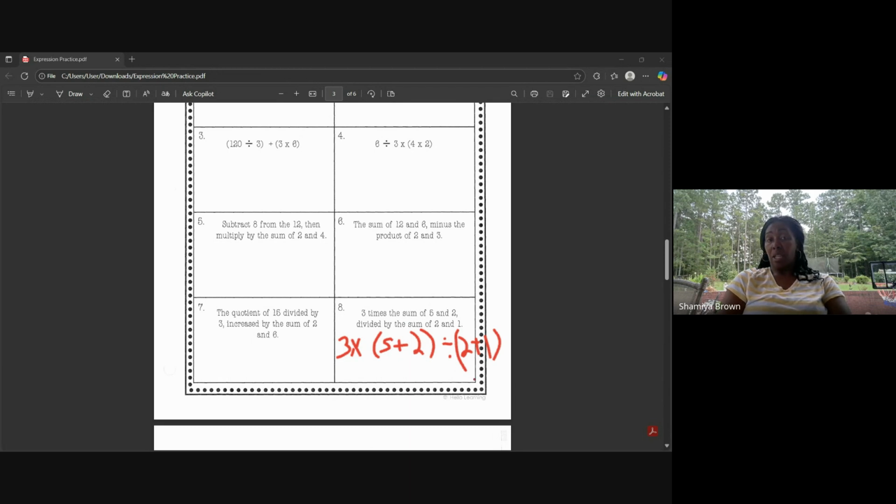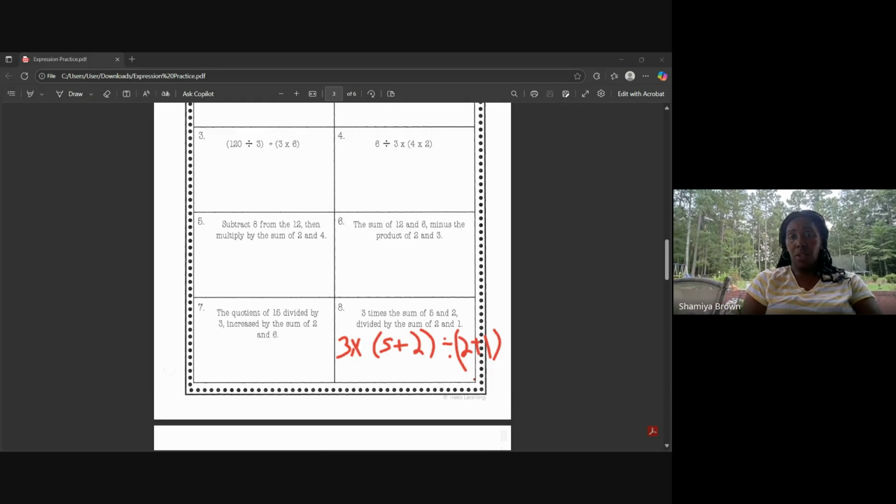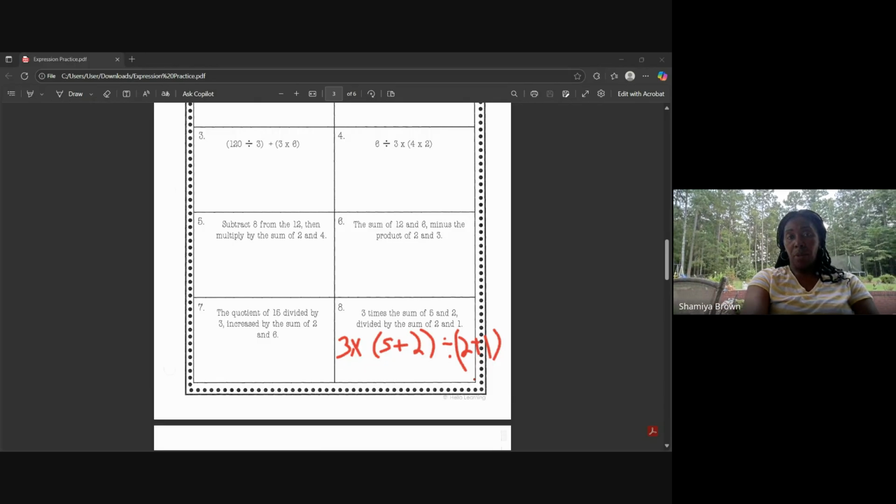So that sounds like a lot, so let me do it just so you can see. Okay, I'm going to rewrite it up here. So 3 times 5 plus 2 divided by 2 plus 1.